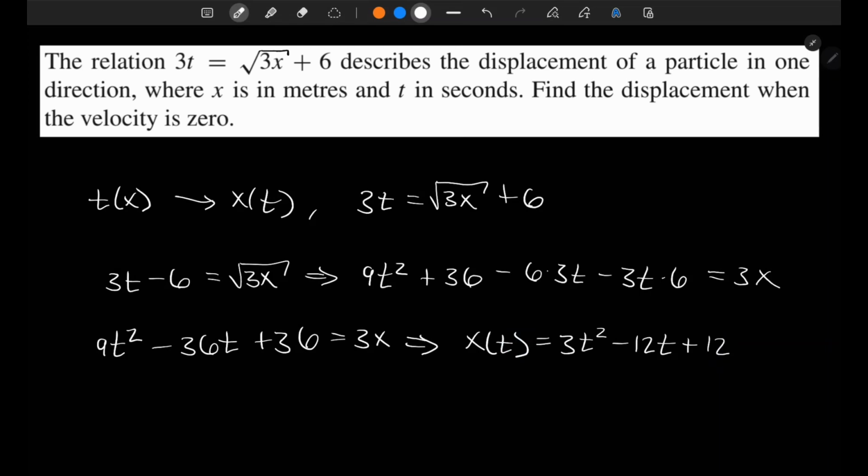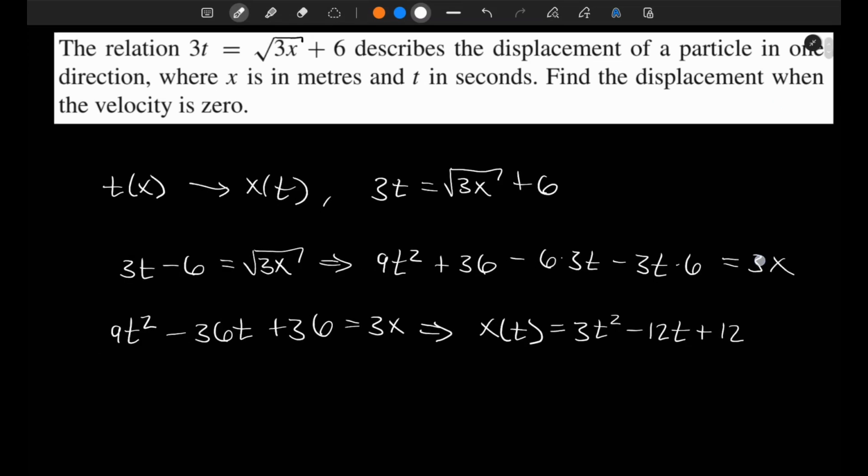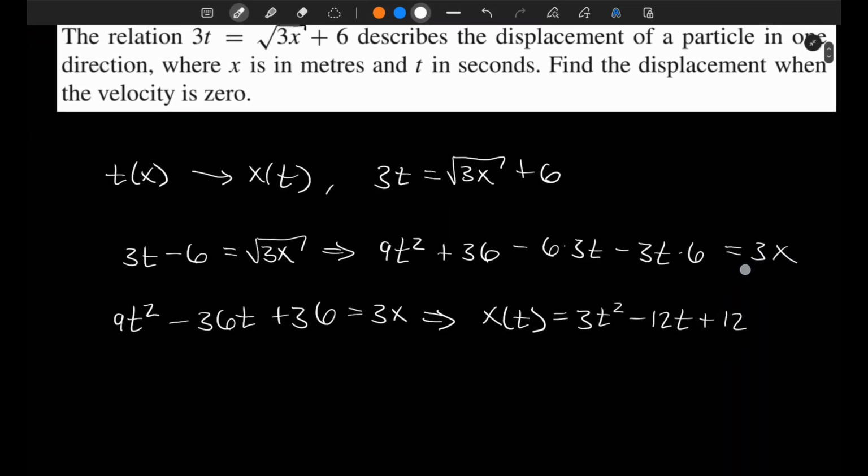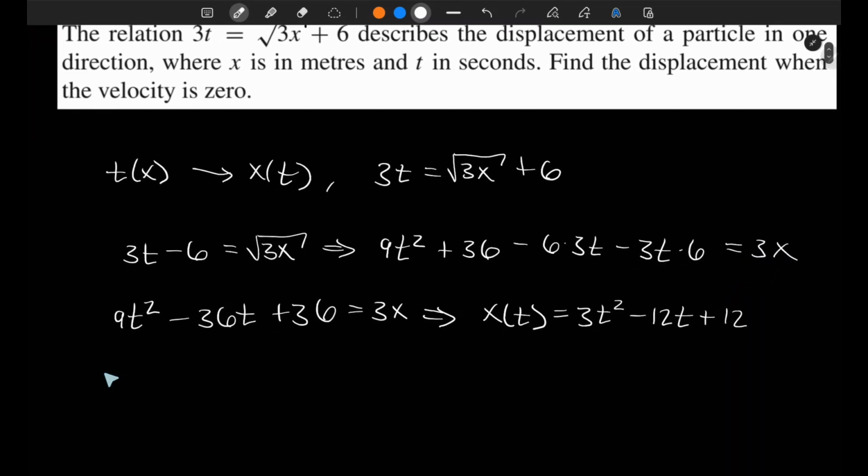Okay, it asks us to find the displacement when the velocity is 0. So let's find our function for velocity. We know that v as a function of time is equal to dx/dt, the derivative of this with respect to time.